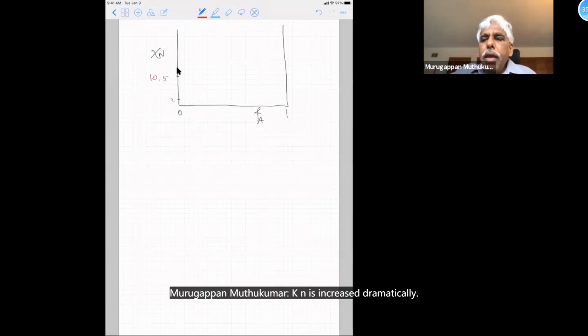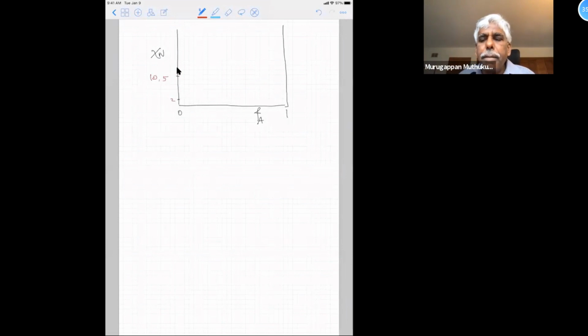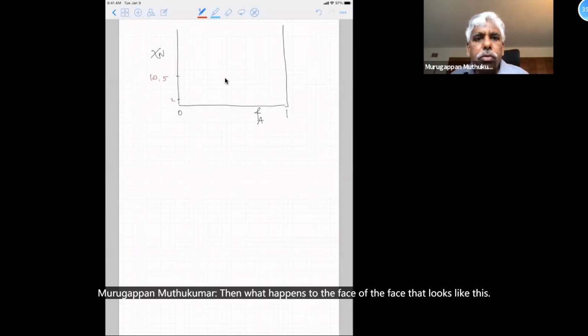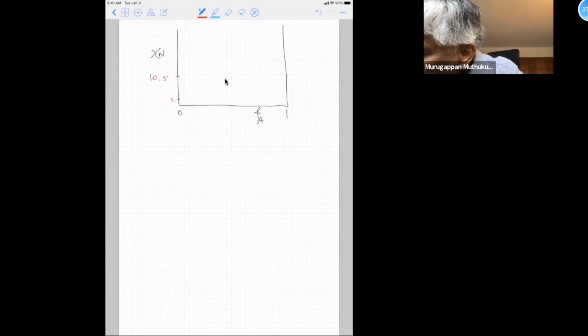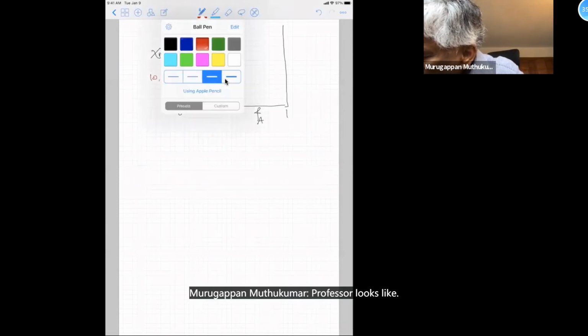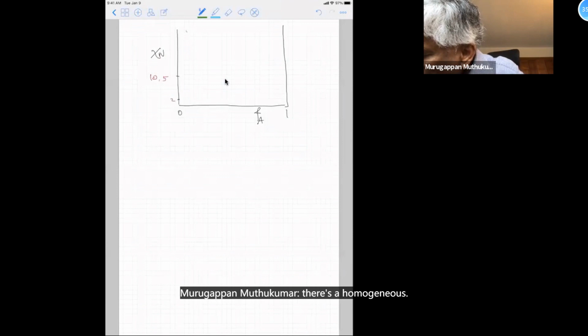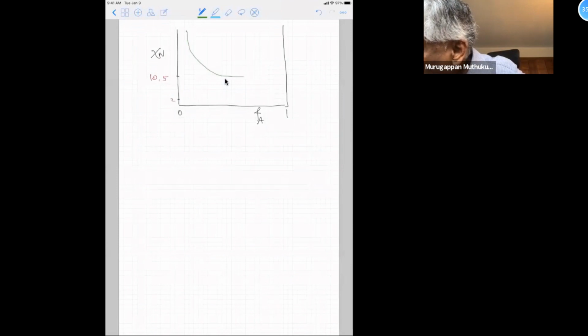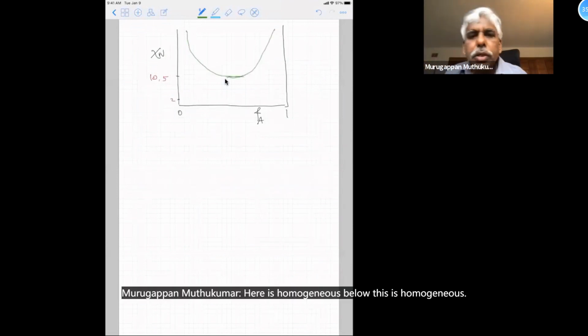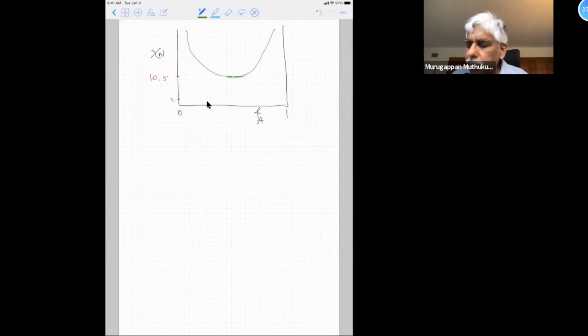That is, chi N is increased dramatically. Then what happens to the phase diagram? The phase diagram looks like this. Here it's homogeneous. Below this is homogeneous.